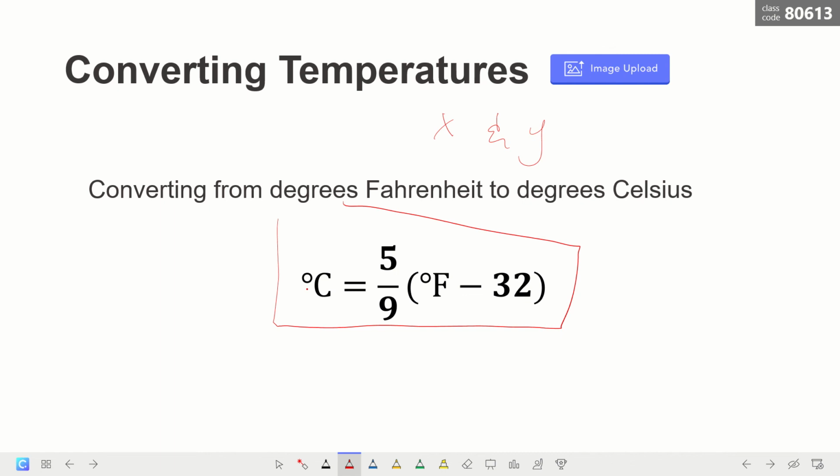For example, here, ito yung given natin. So, you want to convert this given into degree Celsius. So, first, we subtract. So, sa parenthesis natin, PEMDAS. First, we subtract 32.